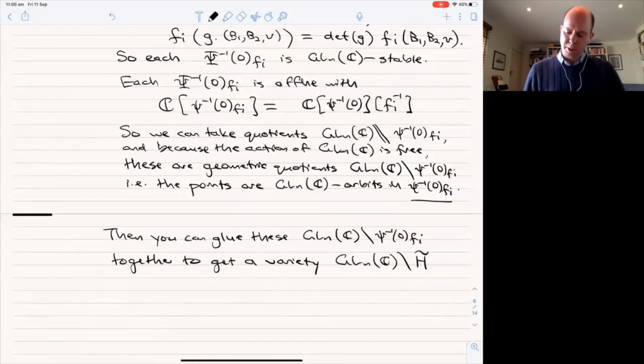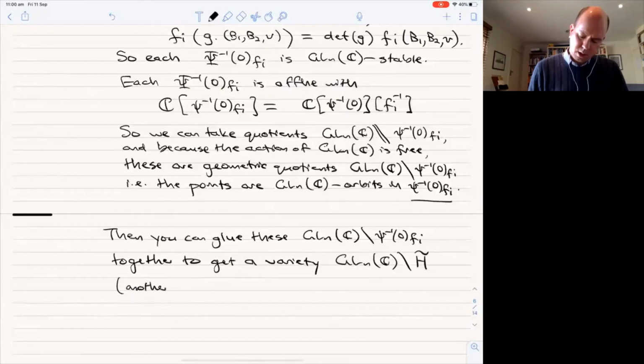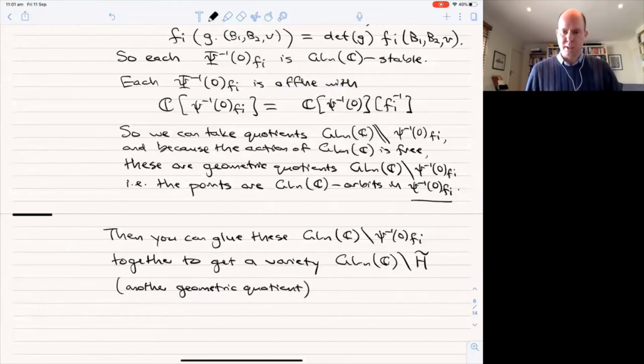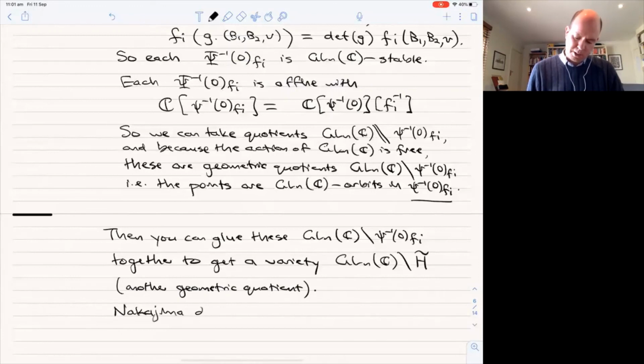You know, a genuine geometric quotient where the points over C of the variety are the GLNC orbits in the set of points of H tilde. And Nakajima defines the Nth Hilbert scheme of A2 to be this variety.